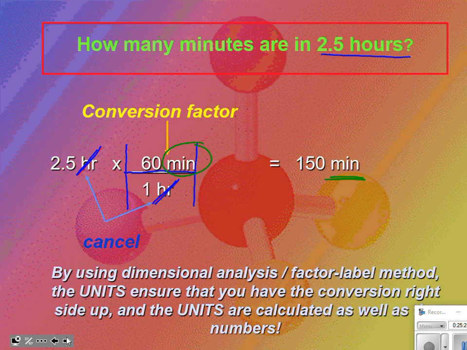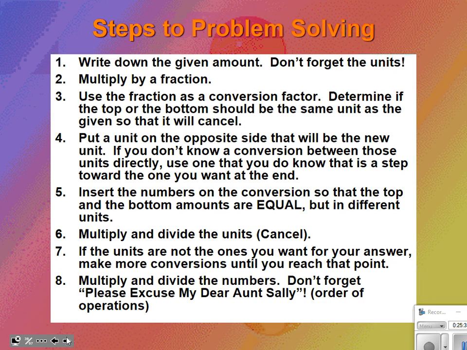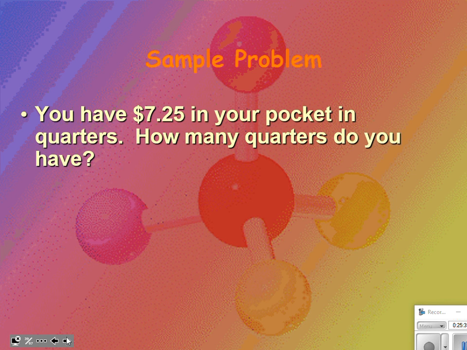So that's a real nice, easy one. I've converted that from hours to minutes. Here's a sample problem. Go ahead and do that problem in your notes. See if you can calculate it.